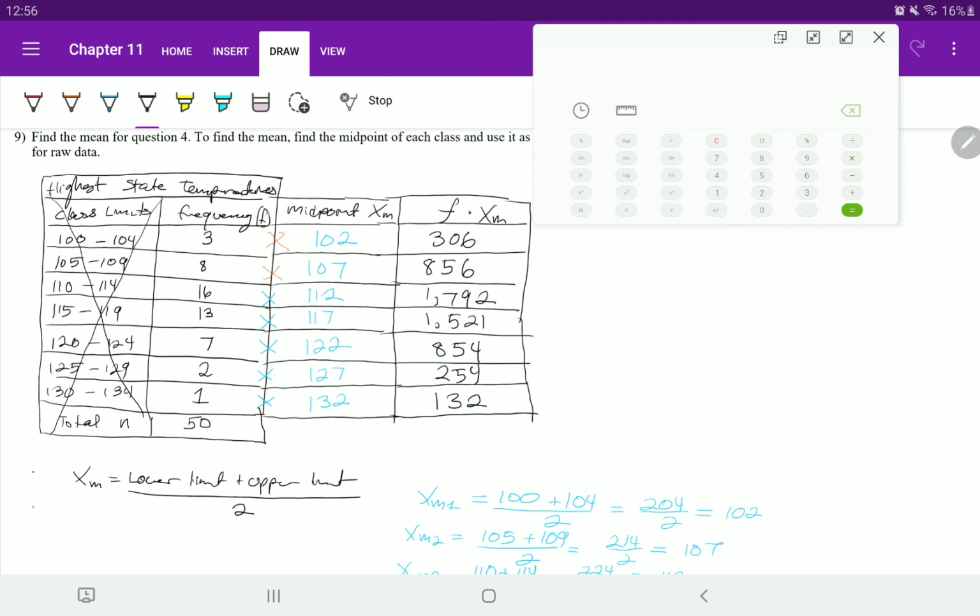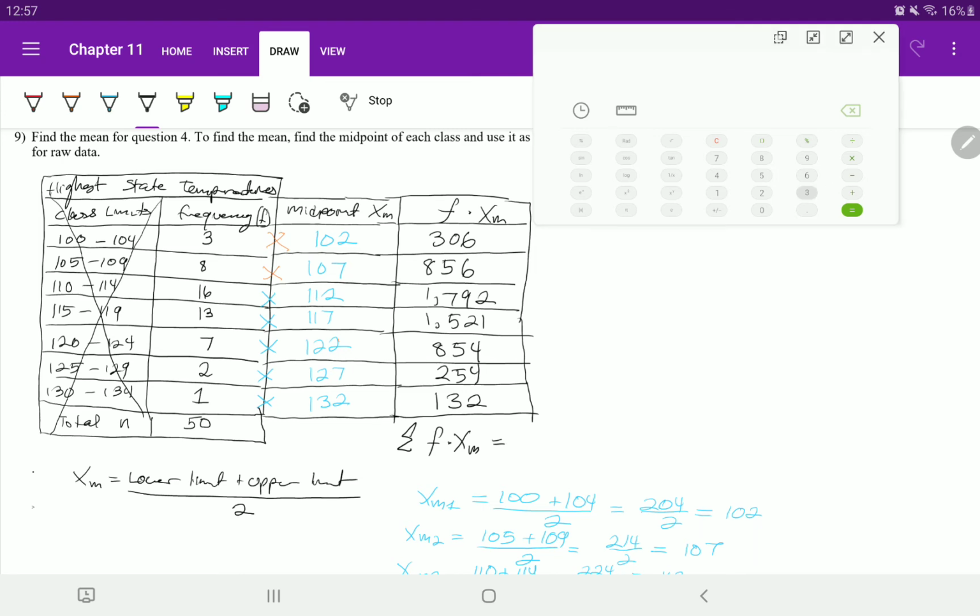Now remember, multiplication is a shortcut for addition. After I multiply my frequencies times my midpoints, I want to add those values. Therefore, I want to find the sum of my frequency times my midpoint.